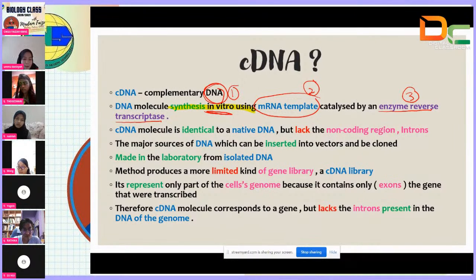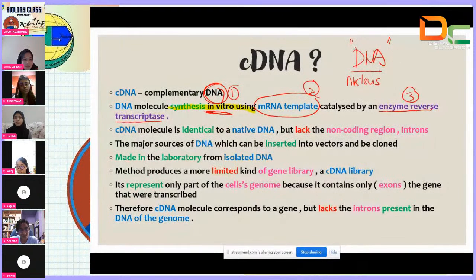Okay, so your slide is so informative, but teacher would like Umur to recap. In order for your friends to understand this complementary DNA, what is the difference between DNA, the molecule of DNA in the nucleus? When we mention DNA, for eukaryotes it is in the nucleus, for prokaryotes it is the nucleoid region.